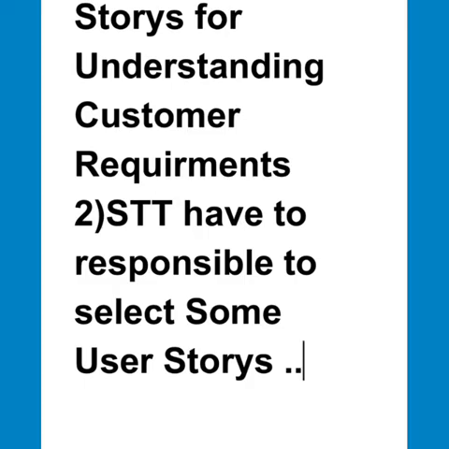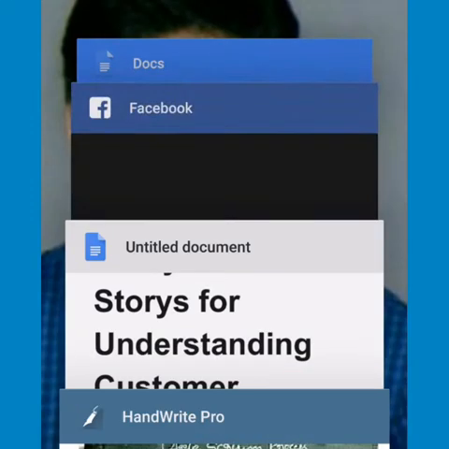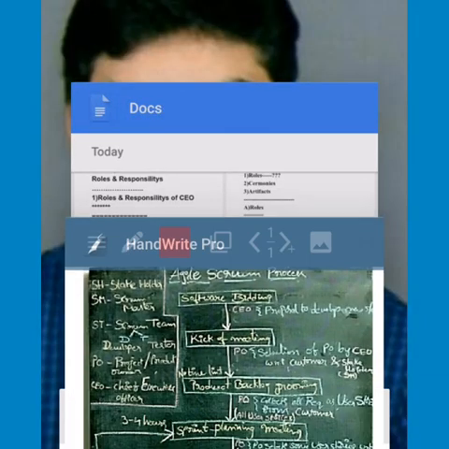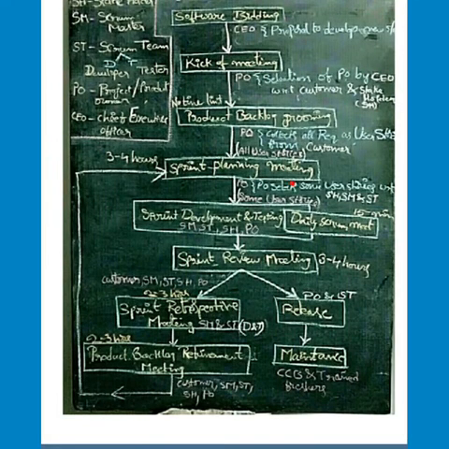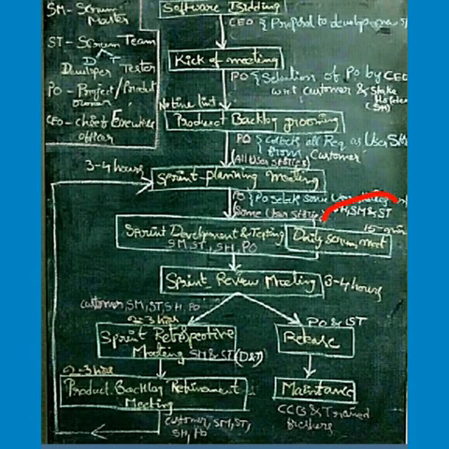In the flow diagram, you can observe that some user stories are going to be selected by the PO with respect to Scrum Team acceptance, Scrum Master and Scrum Team acceptance.